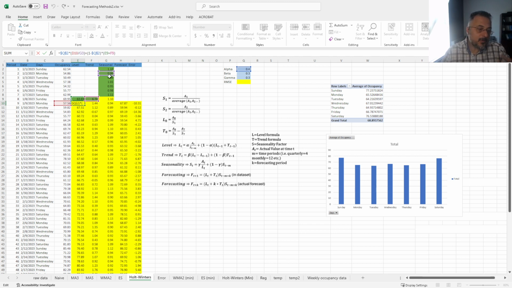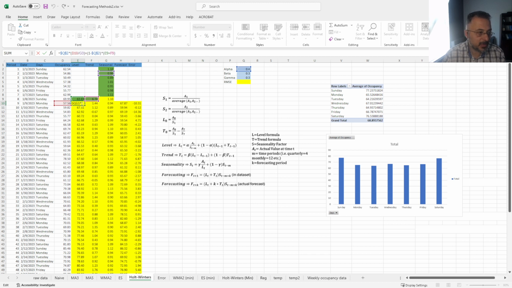If you want to calculate this, once again, because we are at period 9 and M is 7, 9 minus 7 gives us initial seasonal 2. But in this case, we are looking at the simplest approach. If you are looking at this Monday, we are looking at the last Monday's seasonal. That's it. And plus, once again, 1 minus alpha times L T minus 1 plus trend T minus 1.